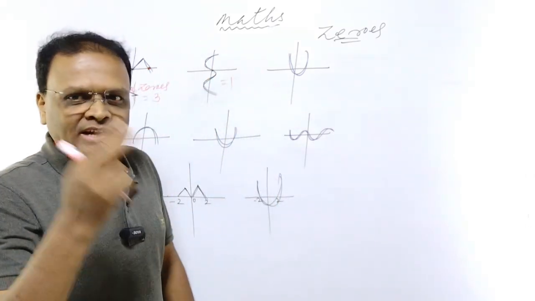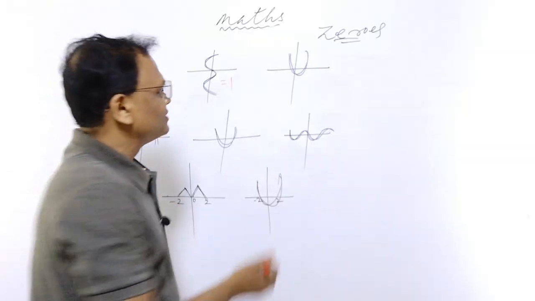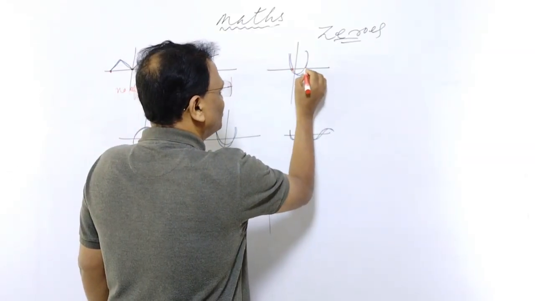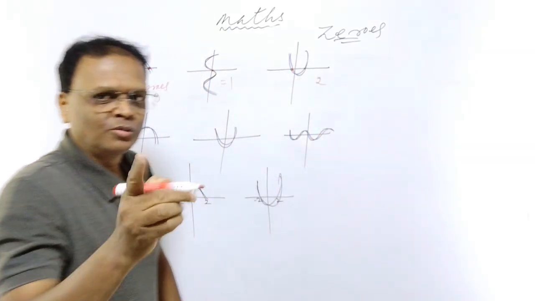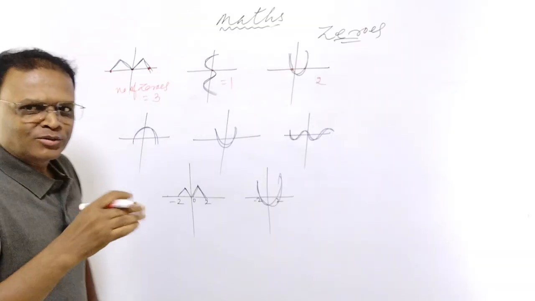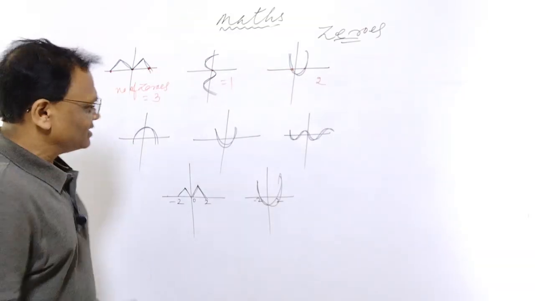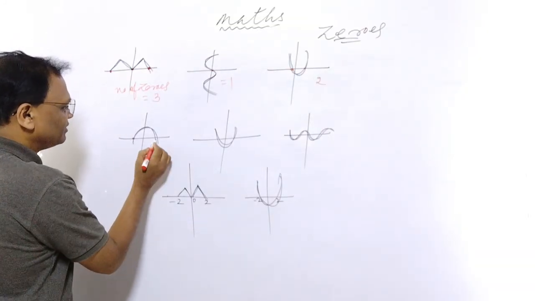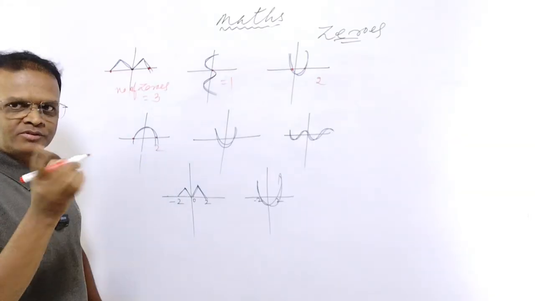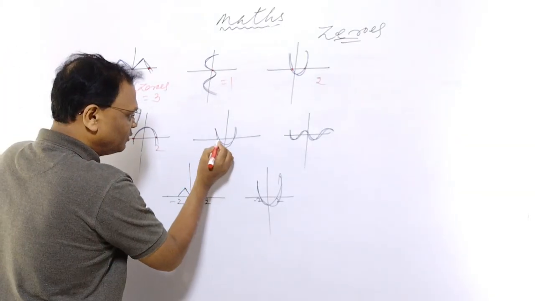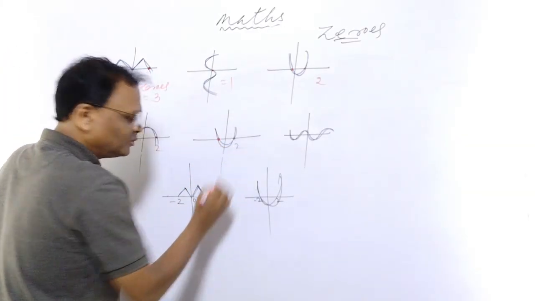In this case, it touches the x-axis at 2 points: 1, 2. So number of zeros is equal to 2. This one I need not explain, because you can give me the answer. How many? 2. Number of zeros 2. Here, how many? Number of zeros 2.